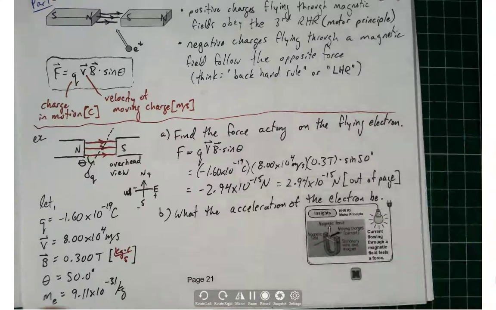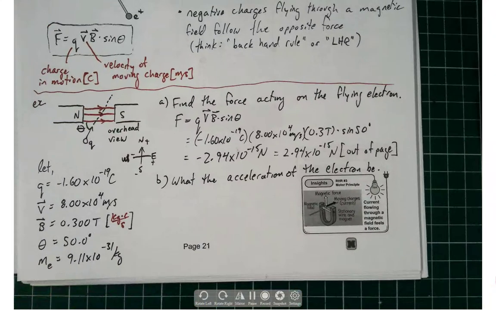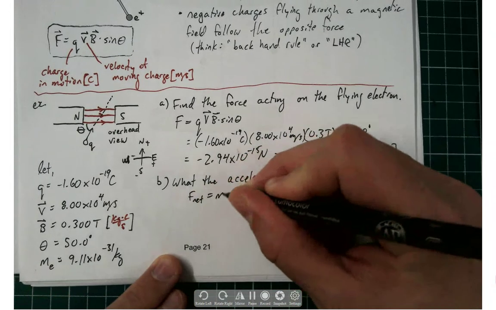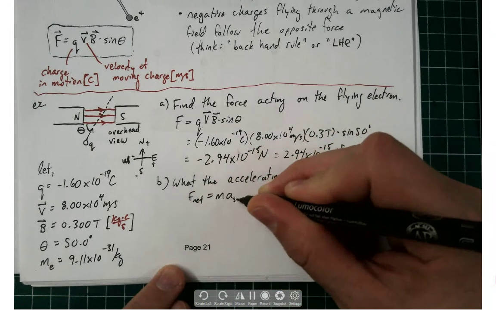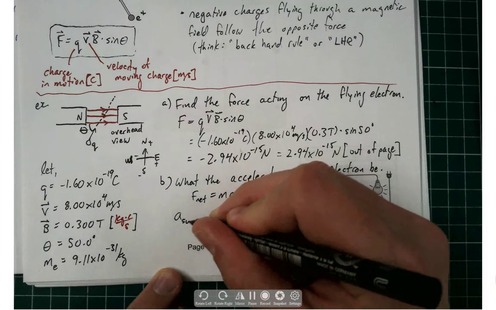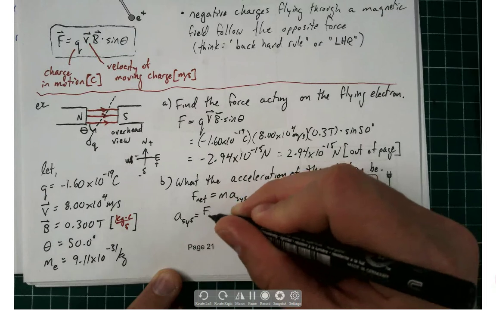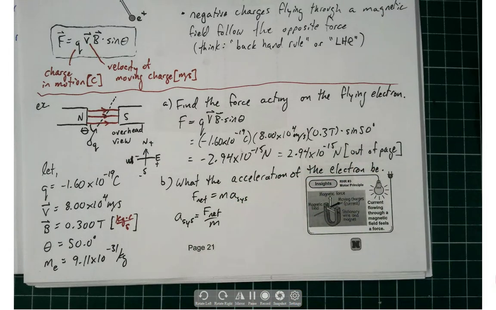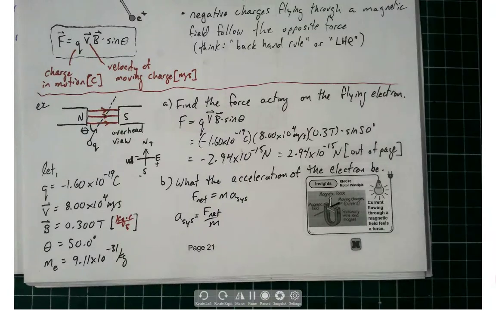If there's a force, then there must be an acceleration, because we haven't forgotten about Newton's second law. Remember, F net, how could we ever forget, is equal to mass times the acceleration of a system. And so for this one here, we still have a is equal to F net over m. We've said previously that the force due to gravity acting on an electron is so negligible, right?